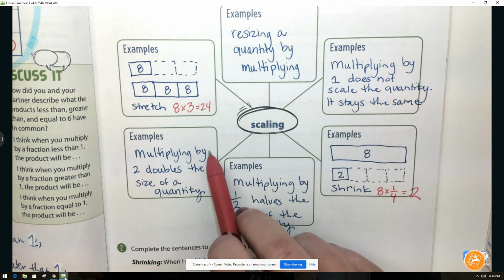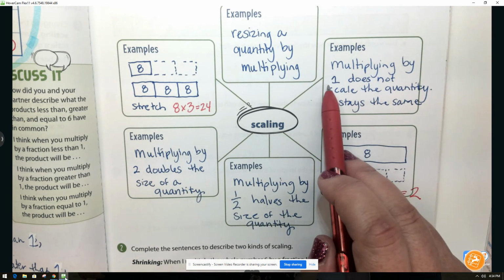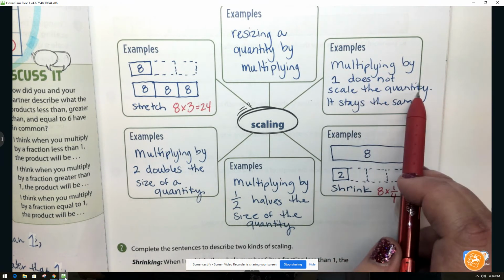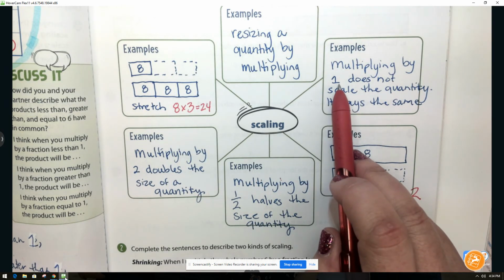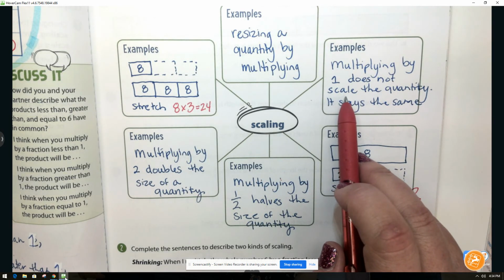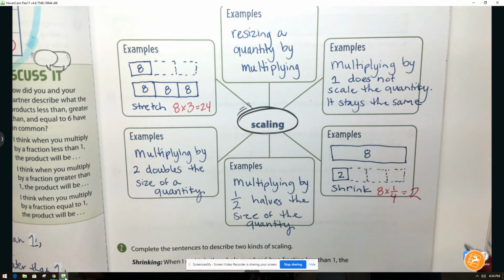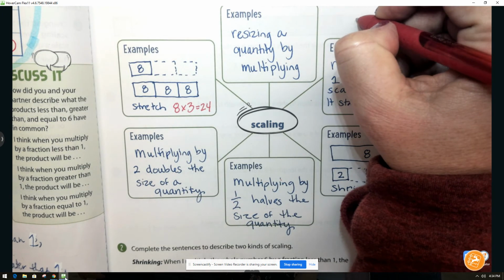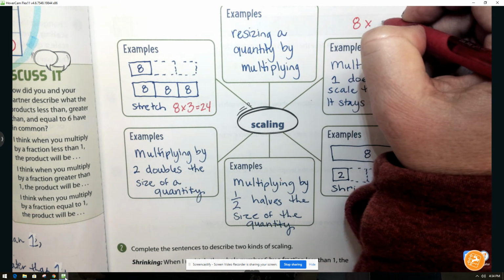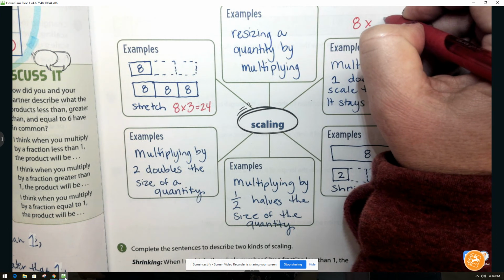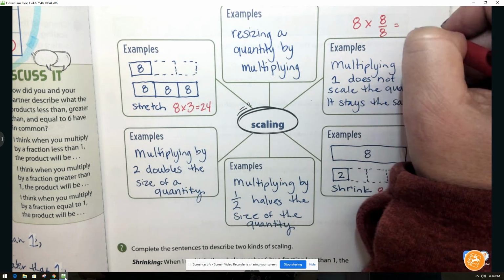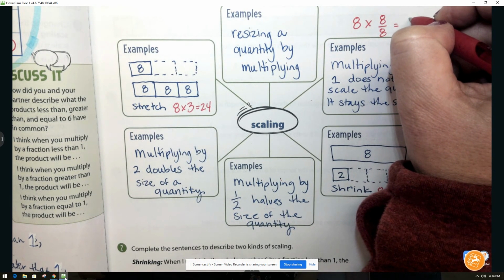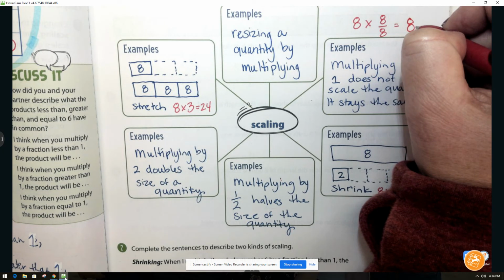Now, a couple more examples of scaling. Multiplying by 1 does not scale the quantity. It stays the same. So anytime you multiply a factor by 1, the number stays the same. So if you multiply 8 times 8 eighths, you're going to get a resulting product of the same answer.